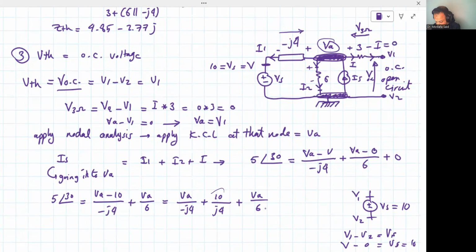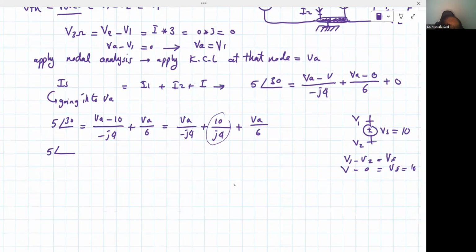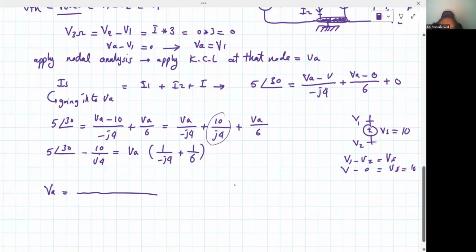Let's bring that to the left-hand side and keep VA on the right-hand side. So 5 angle 30 minus 10 divided by jX4 equals, taking VA as a common factor, 1 divided by minus jX4 plus 1 divided by 6. So VA equals 5 angle 30 minus 10 divided by jX4, divided by 1 divided by minus jX4 plus 1 over 6.